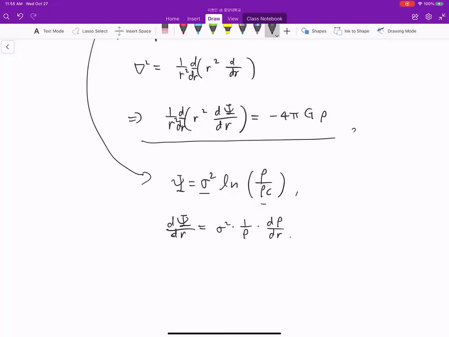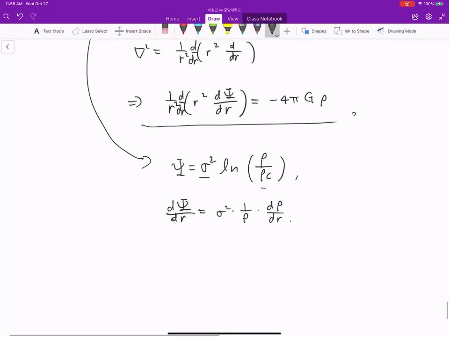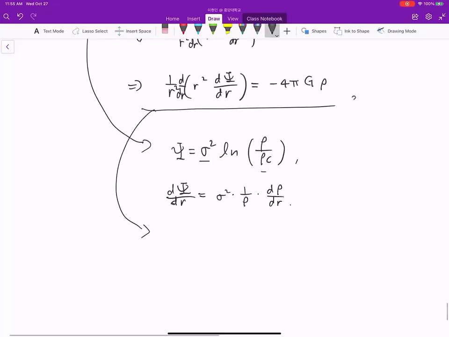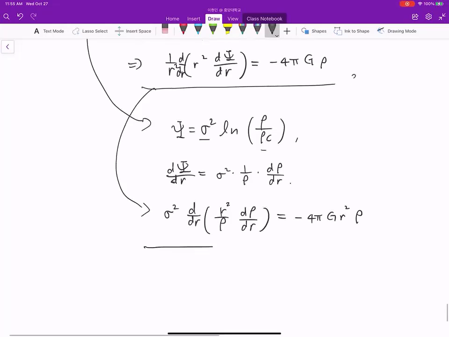So we get this, right? Then from this equation, instead of psi, we are now replacing psi by rho. I multiplied r square on both sides already, so we have this.